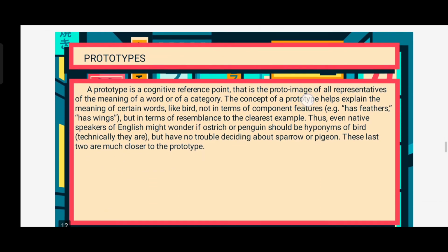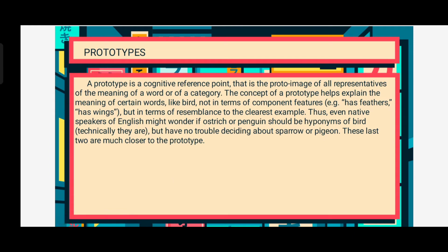Prototypes. A prototype is a cognitive reference point that is the proto-image, the most representative of the meaning of a word or of a category. The concept of a prototype helps explain the meaning of certain words, like bird, not in terms of component features, for example has feathers, has wings, but in terms of resemblance to the clearest example.